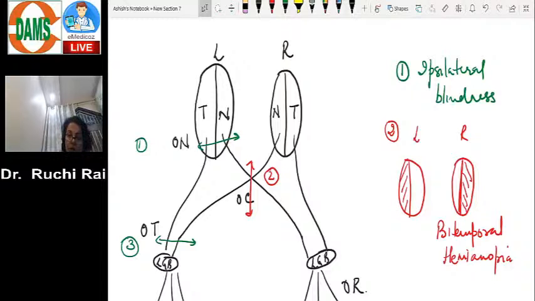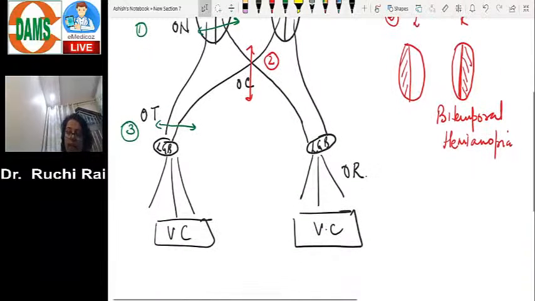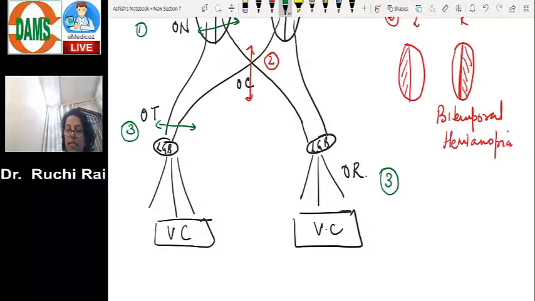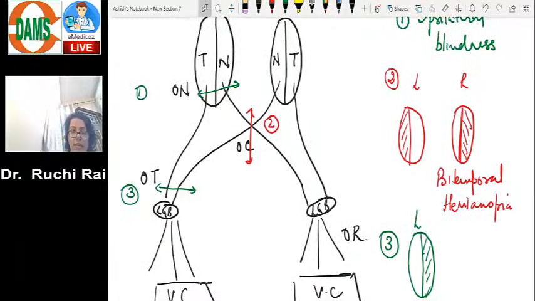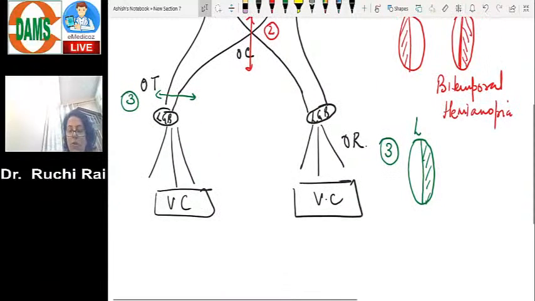Okay? So when we come to the field defect, number 3 lesion, what is it causing? Left side temporal is gone means it is a nasal field defect of the left eye, and right nasal is gone. Can you see that? Right nasal.